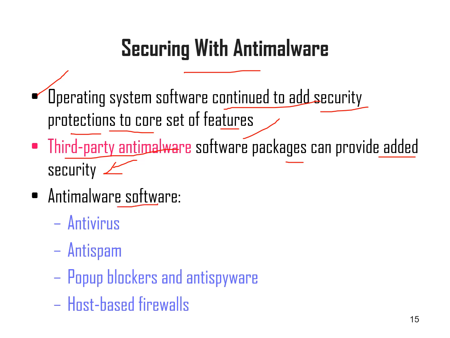Anti-malware software may be categorized as antivirus, which protects against a virus, right? Antispam protects against spam, right? Pop-up blockers and anti-spyware are there, right? Host-based firewalls are also there. So these are all categories of anti-malware.